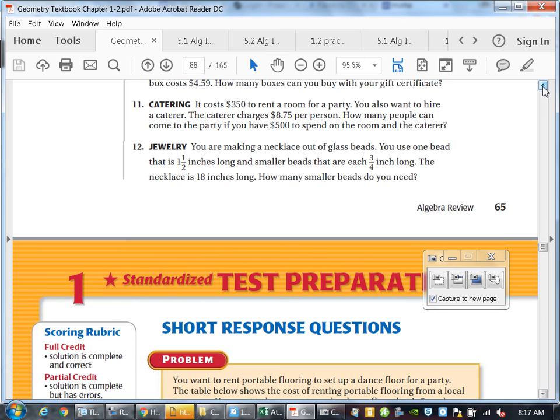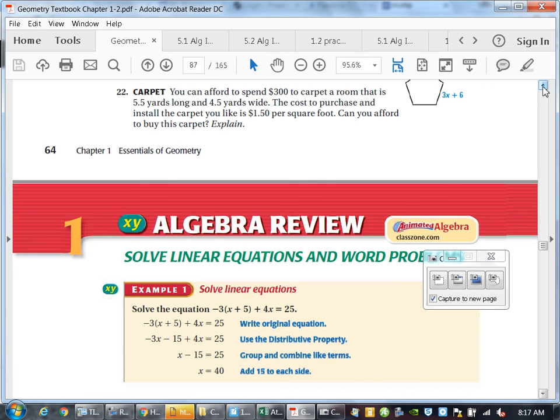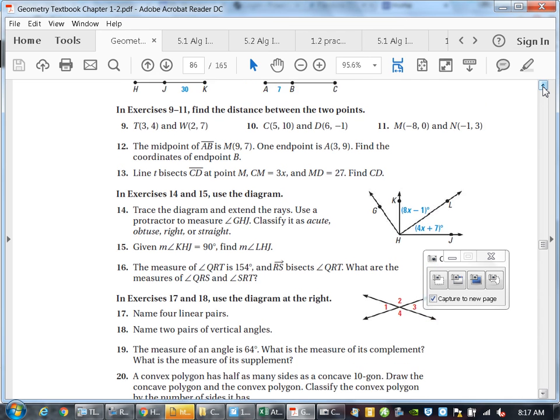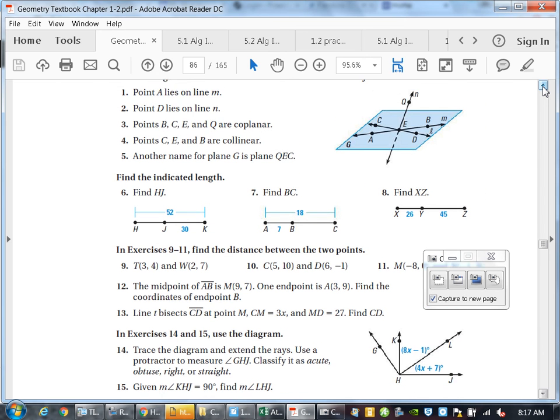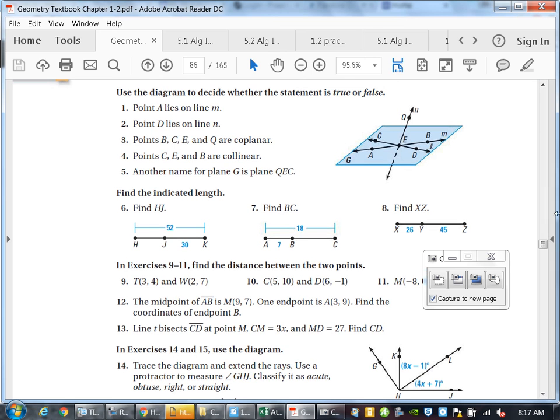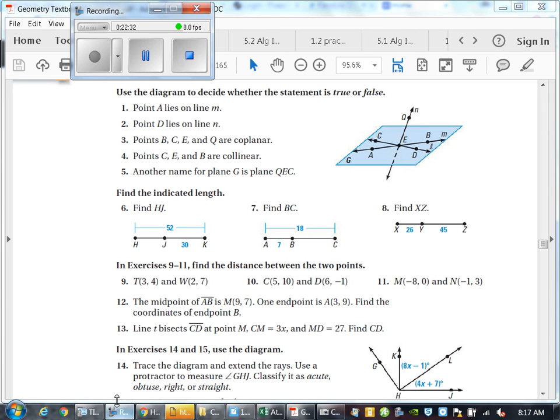We have 10 minutes left. If you'd like to take a picture of this real quick to get the 13 problems, go for it. But I'm just going to leave that there for you.